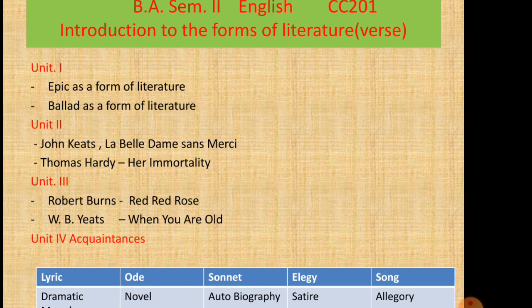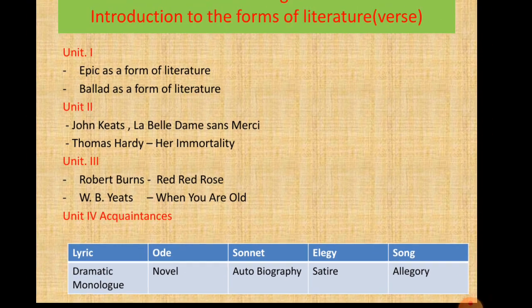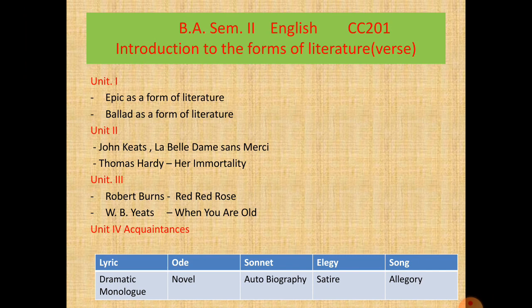In the fourth unit you can find certain acquaintances, and these are divided into verse and prose. In the upper line you can find the various forms of verse or poetry, and these are lyric, ode, sonnet, elegy, and song.